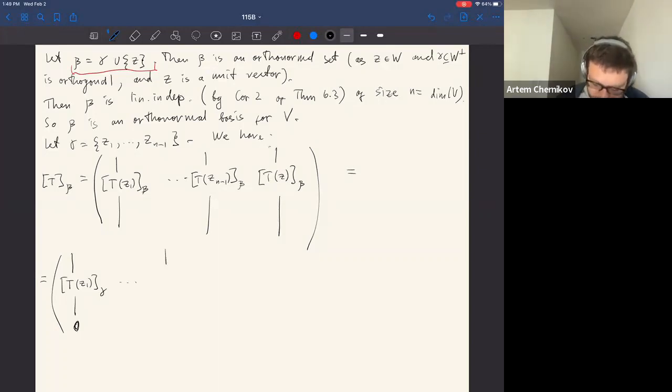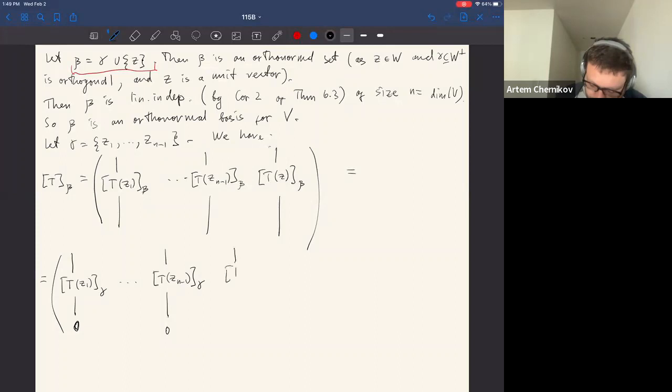Similarly, we have T of z_{n-1} with respect to gamma and 0 in the last entry. Because each zi is in W perp, and W perp is T invariant, T of zi is also an element of W perp. And Z is the vector in the basis which is outside of W perp. So we get this, and the last column remains unchanged.